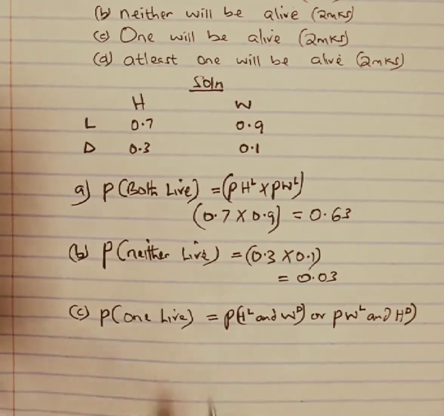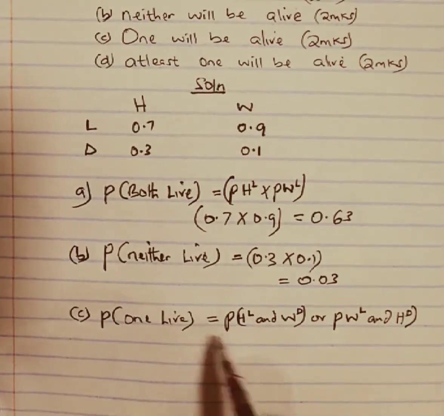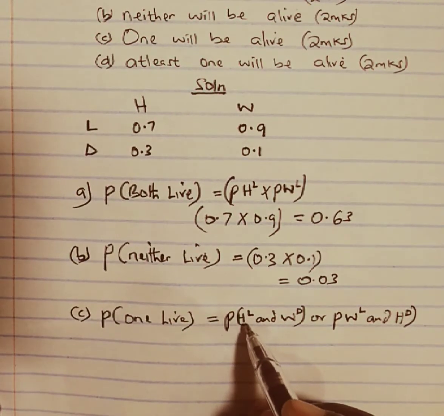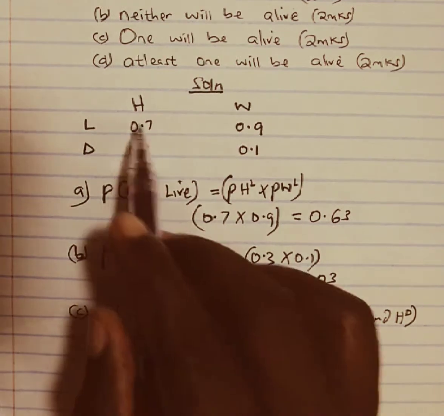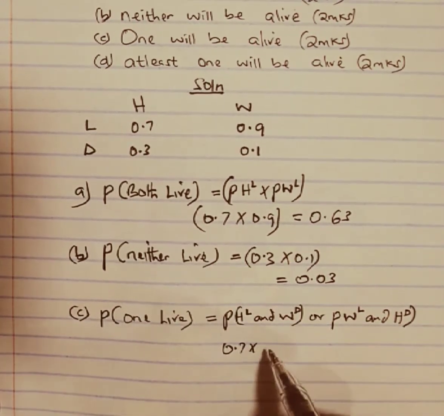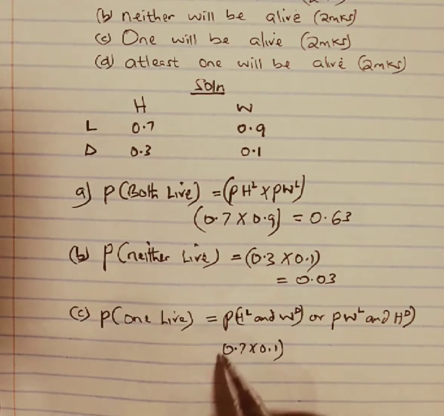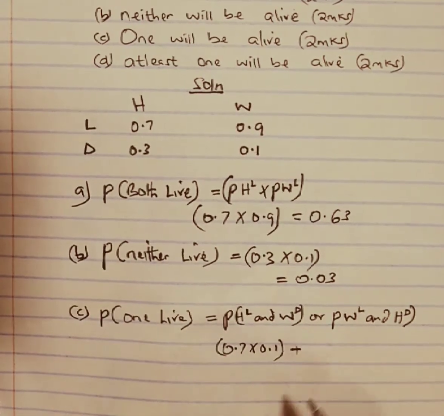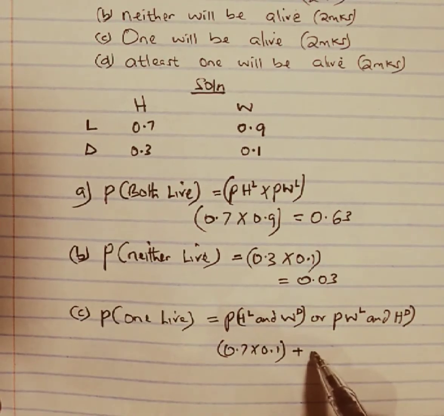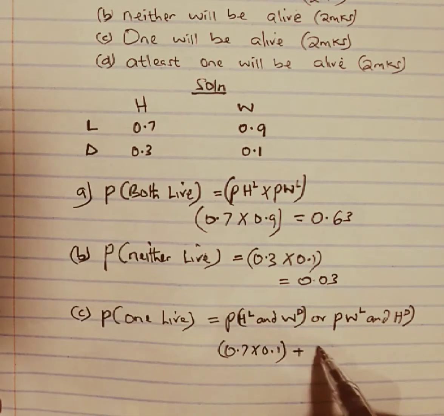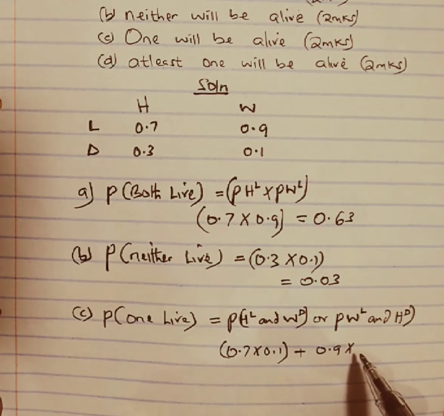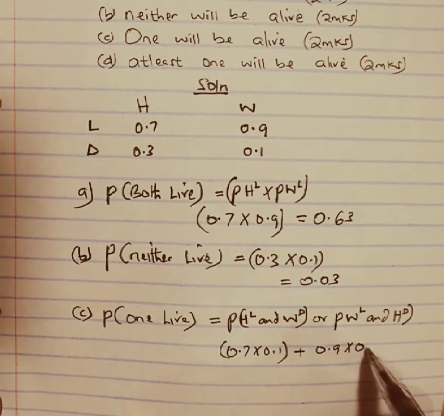In this case, for us to get the probability that one will live, we take the probability of the husband living, which is 0.7. The wife will die, which is 0.1, or means addition in probability or in mathematics. The probability of the wife living, which is 0.9, we multiply with the probability of the husband dying of 0.3.